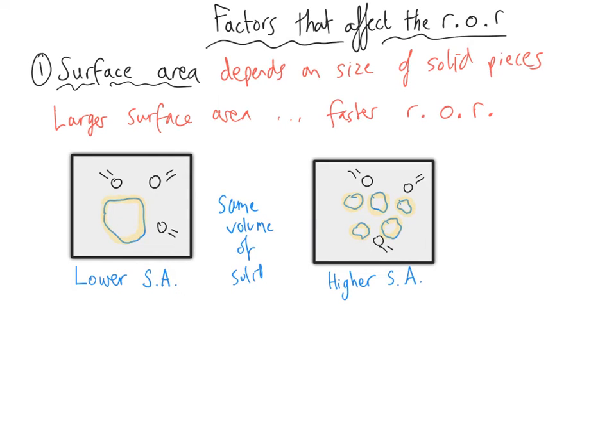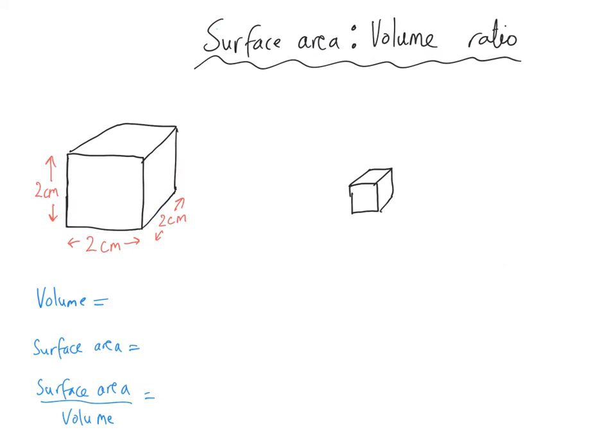For the larger surface area, collisions are more frequent. And therefore there will be a faster rate of reaction because more frequent collisions, like we said on that previous slide about collision theory.